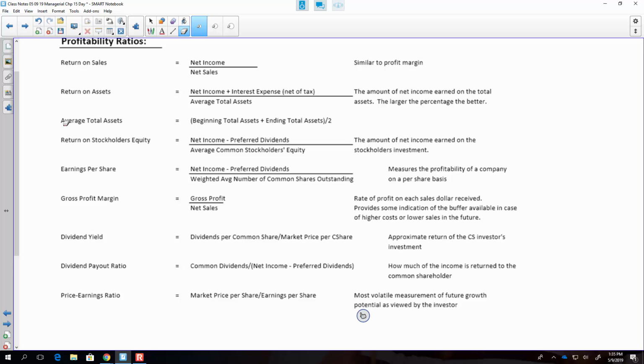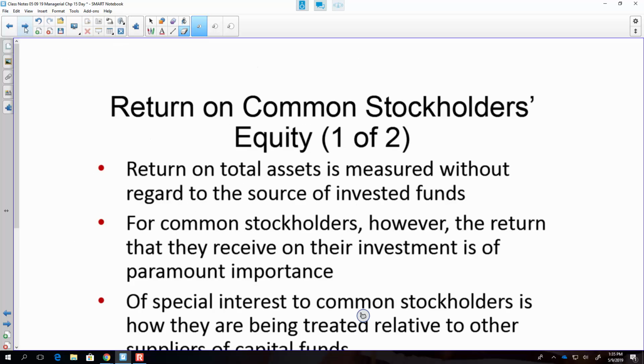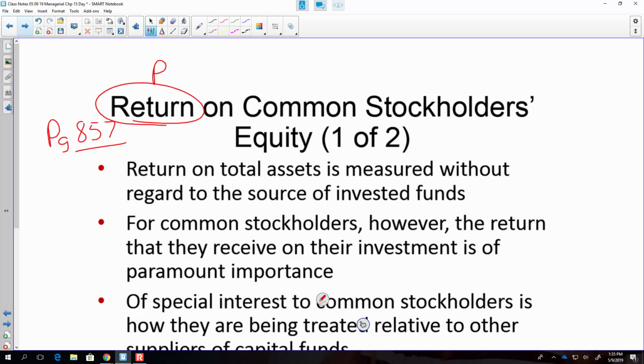So our return on stockholders' equity begins on page 857 of our book, basically where we are at. When we look at the word return, we are looking at a profit measurement and the amount of return that our stockholders would get on their investment.